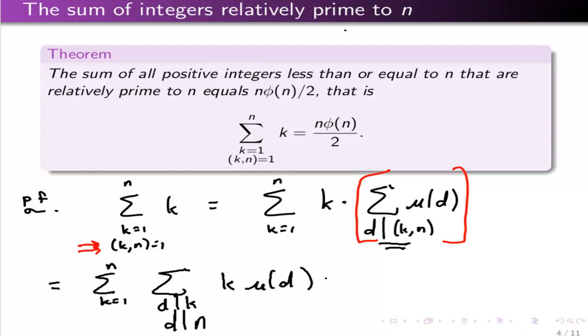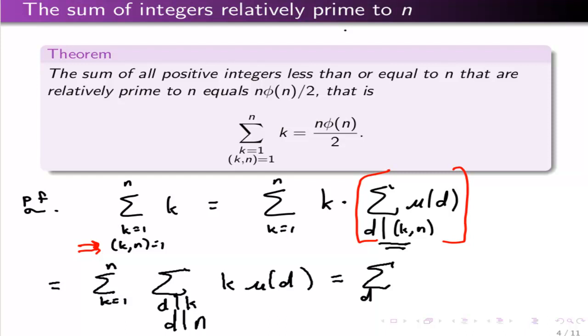Okay, so if we're trying to evaluate a double sum, the instinct is to switch the order of summation. And then we have to ask, okay, what does D run through here? So K is an index, so it's changing, but N is fixed.